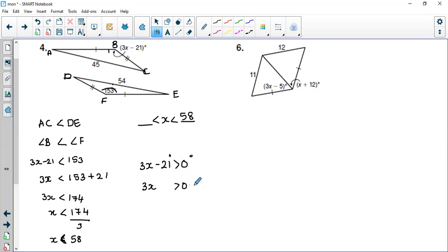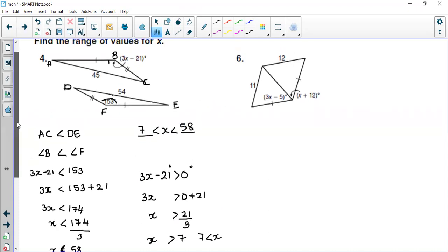That's 0 plus 21. x is greater than 21 over 3. So x is greater than 7. So here you write 7, because if you would flip this inequality, that would become 7 is less than x, or x is greater than 7. So the inequality you have is 7 is less than or equal to x, which is less than or equal to 58. This is how you get an inequality for the values of x.